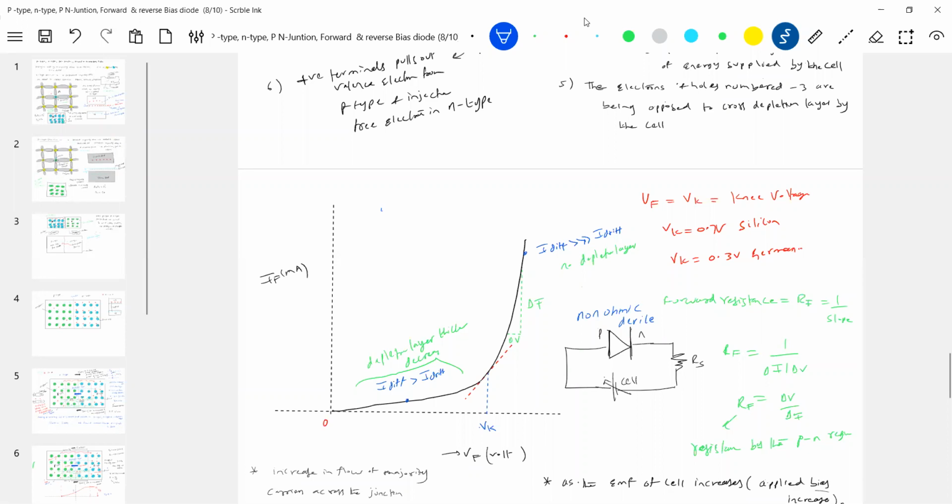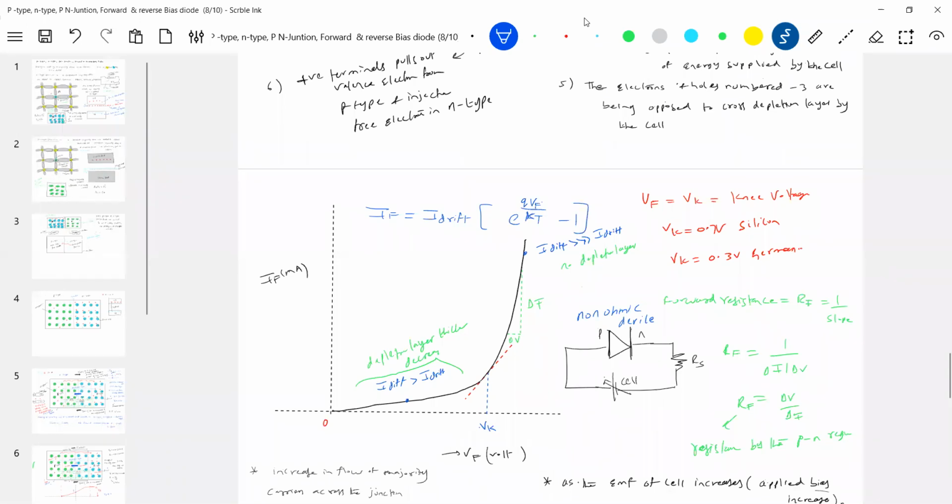The forward current is equal to I drift into e to the power of, let me recollect, charge times barrier potential or the forward voltage by kT, minus 1.